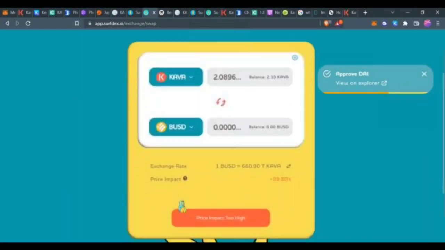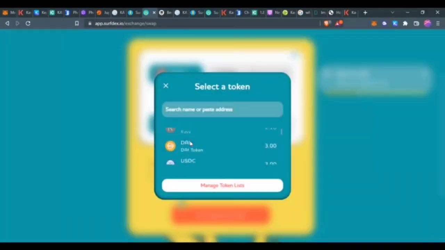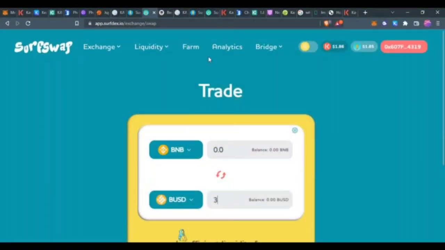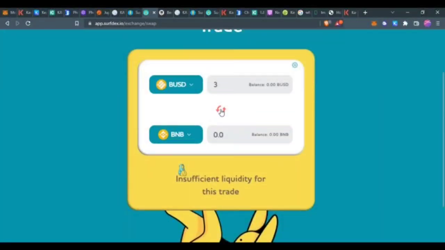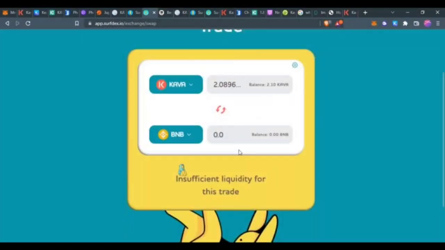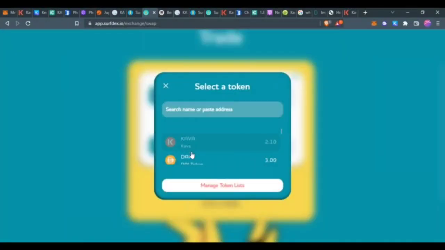Yeah, see the price impact is too high there. I wonder if it was Binance coin here. On the other hand, would it still be the same thing? I wonder if it's saying it's insufficient liquidity because I don't have the BNB. So it's insufficient liquidity for BNB as well.